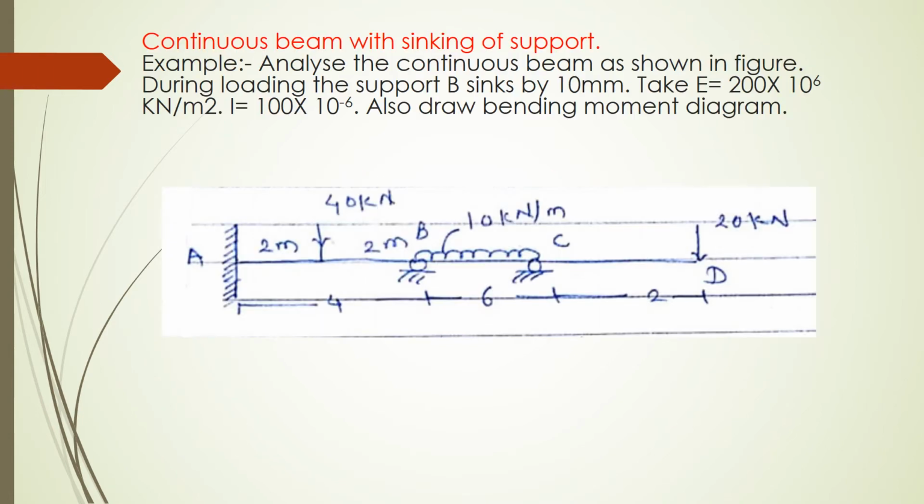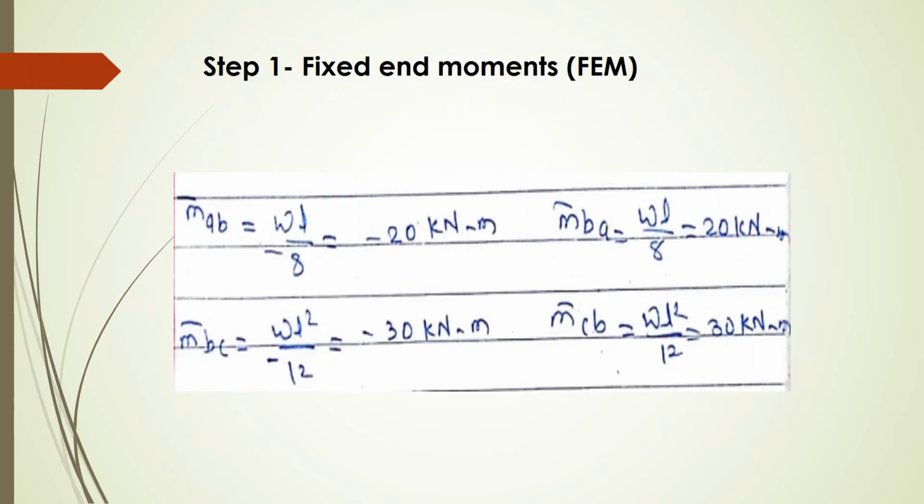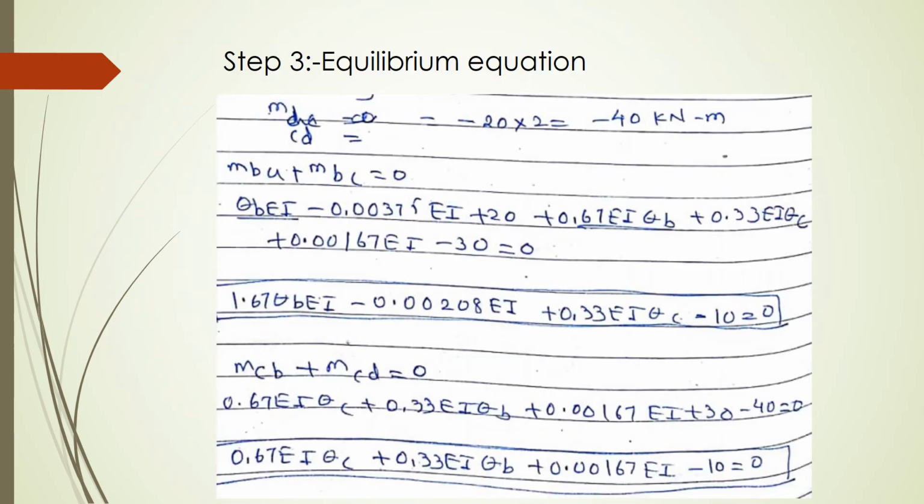Span over here BA, from B to A and B to C it is equals to 0. MBA and MBC is equals to 0. Okay, this is the equilibrium equation at joint B. Now we apply the equilibrium equation at joint C, and as we know that the D support is simply supported, so there the moment from D to C should be equals to 0.